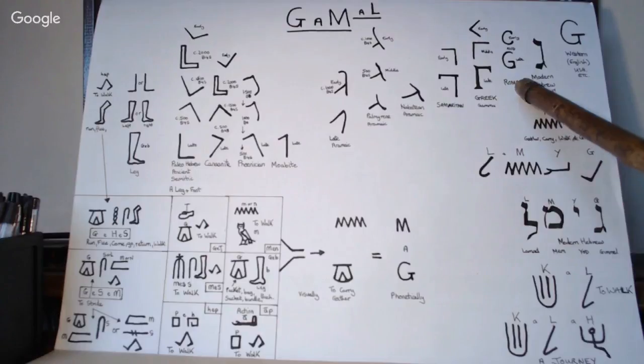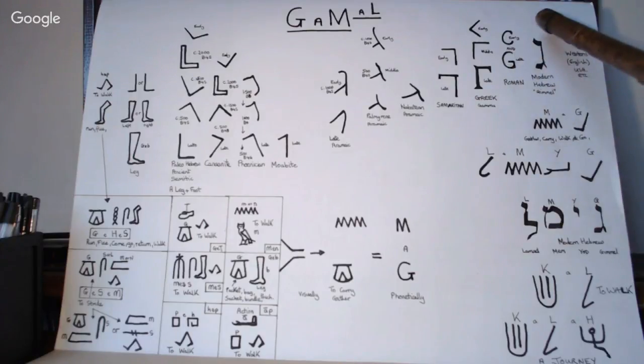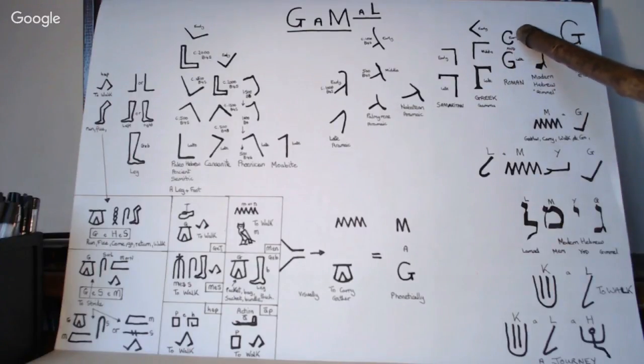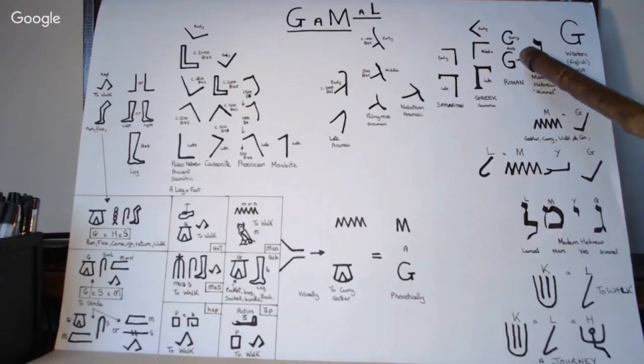Then we have the Roman version, which somehow kind of resembles our G that we're familiar with today. It was also written early on as a form of, it's also similar to a C, really. That's probably caused a bit of confusion over time.